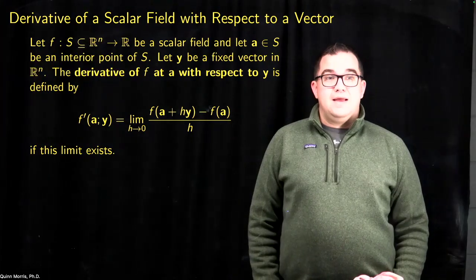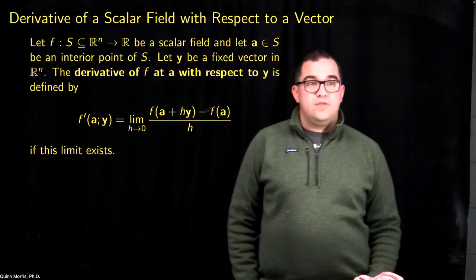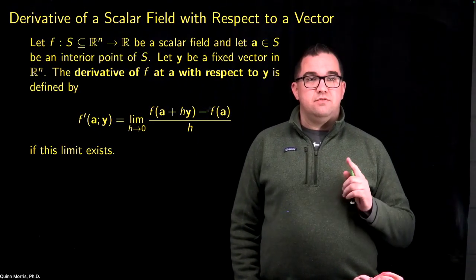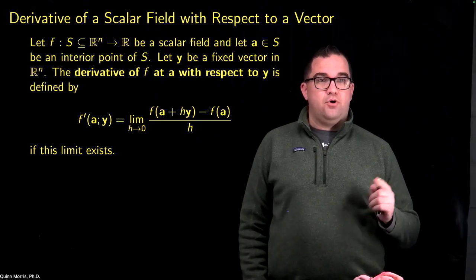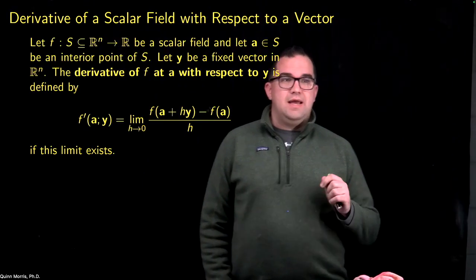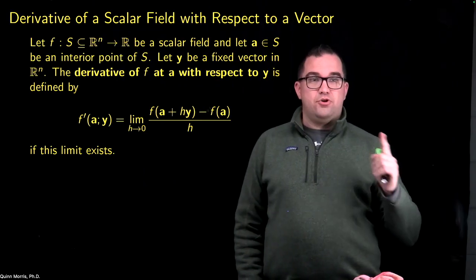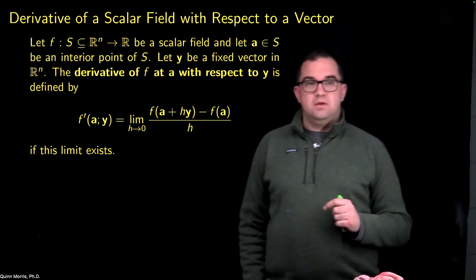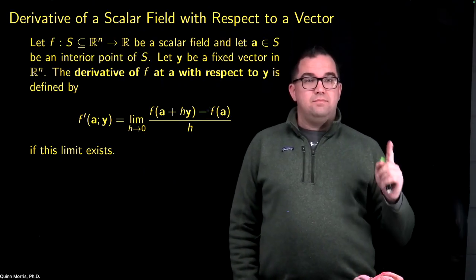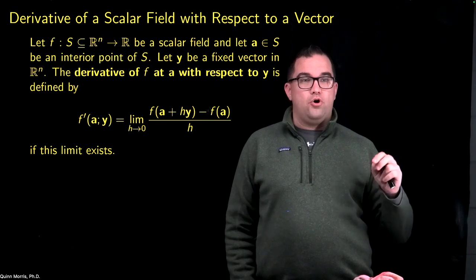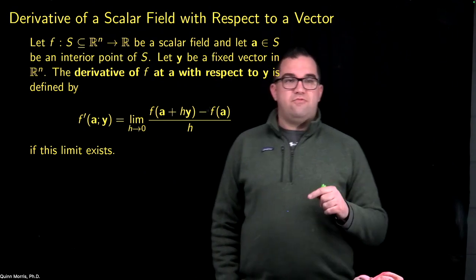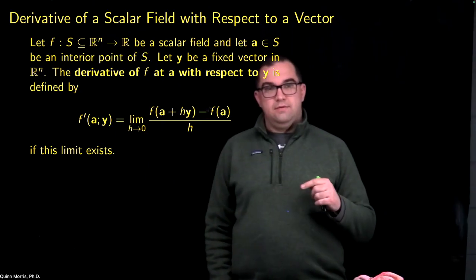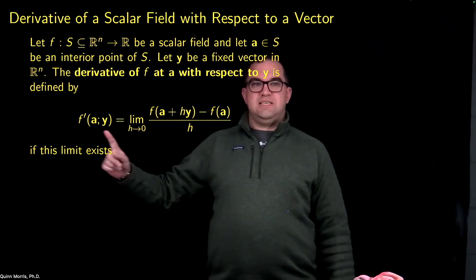So I want to define the derivative of a scalar field with respect to a particular vector. Let f be a function from some subset of Rn into R. That's a scalar field. And let A in our domain S be an interior point of S. Then let Y be any fixed vector in Rn so that we can define the derivative of f at A with respect to Y. We're going to use this notation here.